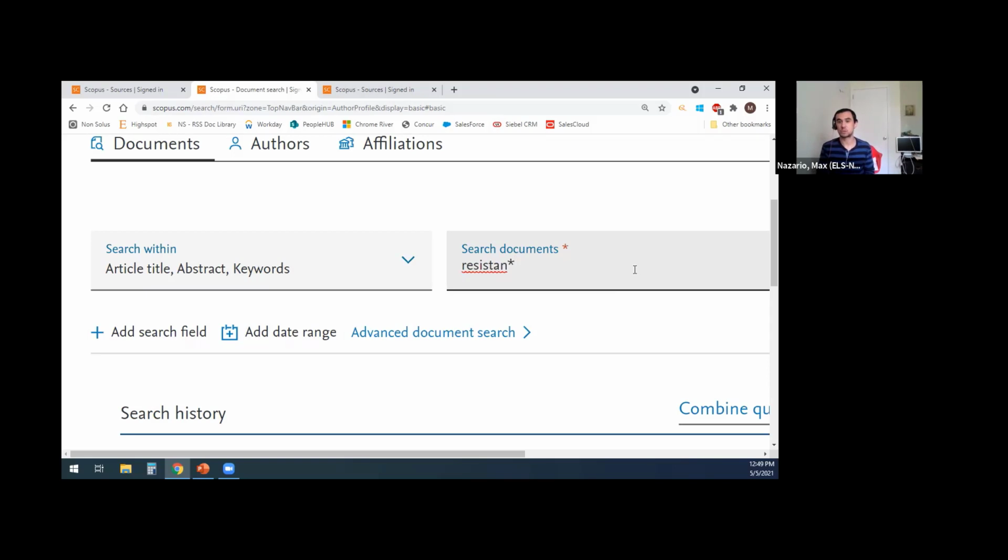In this case, I'm using the wildcard of the asterisk. That's basically telling Scopus, you can replace this asterisk with any number of characters. It could be one character, or any number of them, or it could be 0.